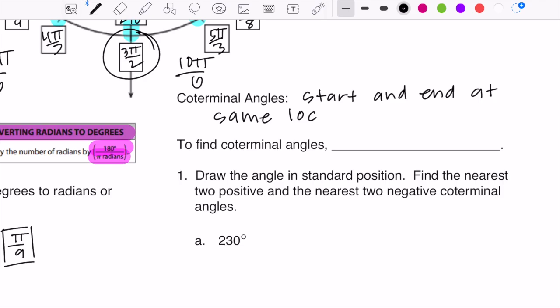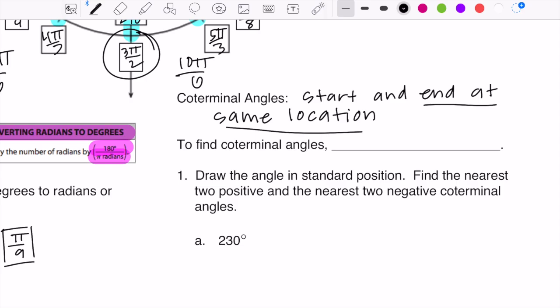The start one is a little tricky because all angles start at the same spot when you're on the circle, so that's not really a big deal, but that confuses kids. But they end at the same location means that they might take extra loops around the circle, or one might be positive and one might be negative.